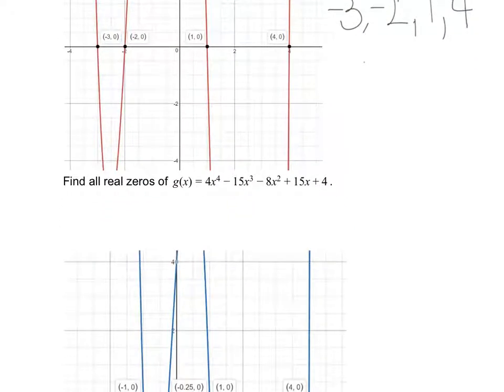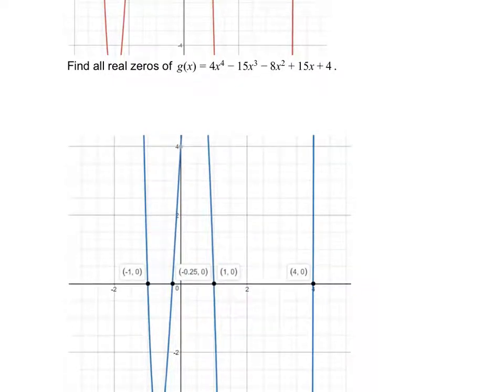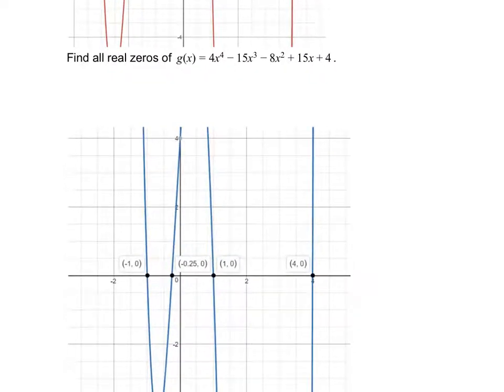Okay. Now we're going to have to do some division. I want to find all the real zeros of g of x equals 4x to the 4th minus 15x cubed minus 8x squared plus 15x plus 4.